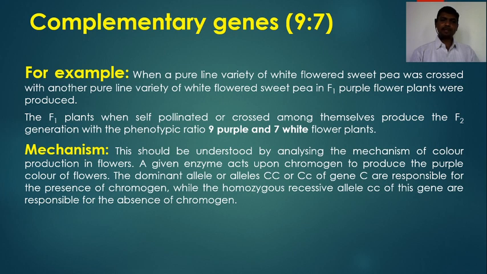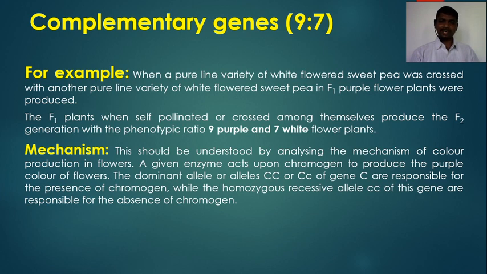These are responsible for the presence of chromogen, that is a colored base. While the homozygous recessive small cc is not able to produce the chromogen, so it is responsible for the absence of the chromogen.